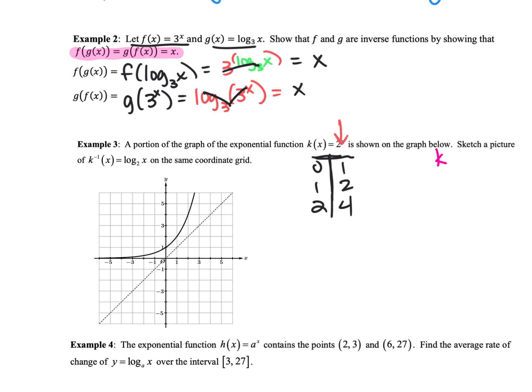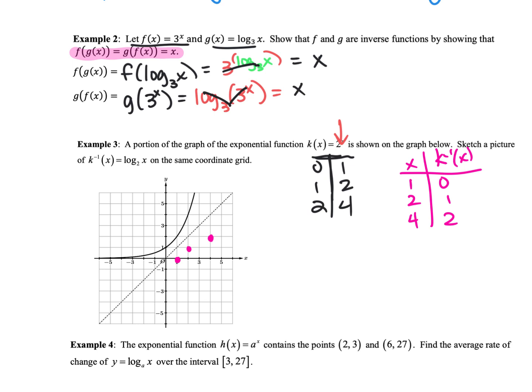If I want ordered pairs for k inverse, what's the only thing I have to do? Switch the x's and y's. So I have 1, 0, 2, 1, and 4, 2, and that's what we're going to graph. Okay? Now, looking at that exponential function, it has a horizontal asymptote.